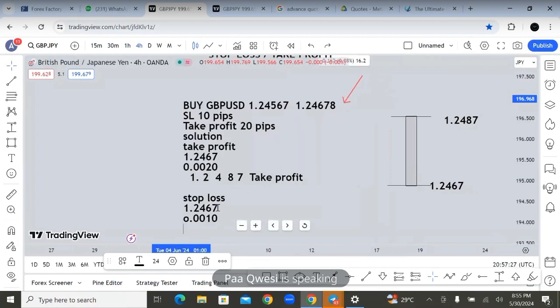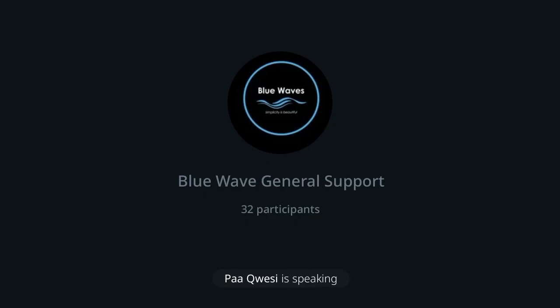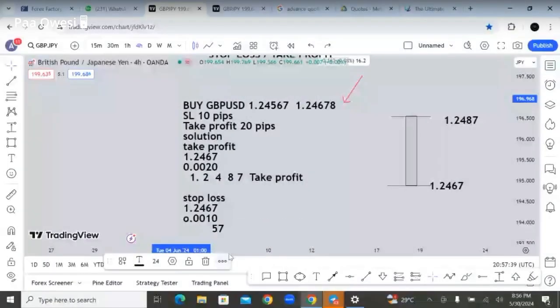So 7 minus 0, as I said you start from your extreme right, is going to be 7. 6 minus 1 is going to be 5. 4 minus 0 is going to be 4. 2 minus 0 is going to be 2. 1 minus 0 is going to be 1.